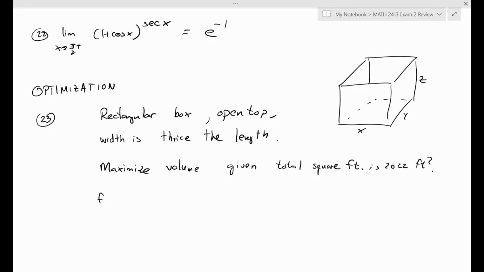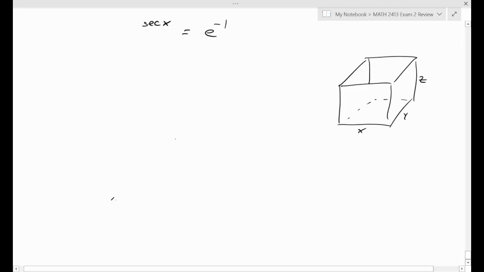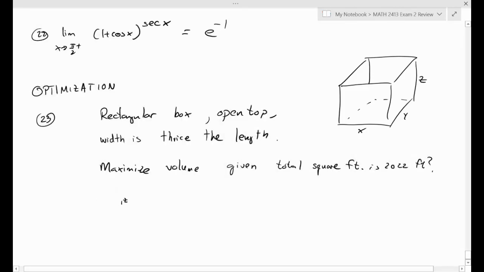Length, width, height. So the volume of that box is actually a function of three variables. But we're going to reduce it, right? Because we have some other information. So this is our volume function, and we want to maximize this.